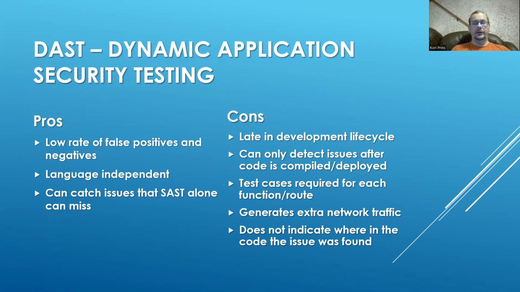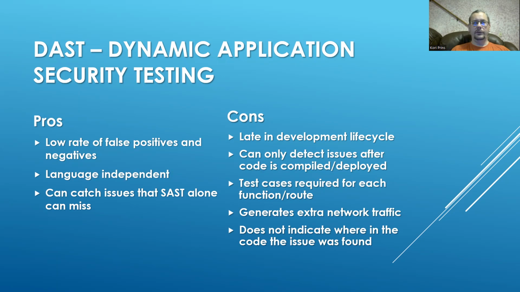Test cases are required for each function and route. This is basically stating that you have to know how your application behaves and write proper test cases to execute each function and route in the application in order for DAST to truly do its job.